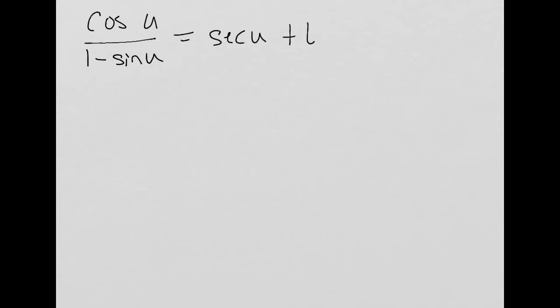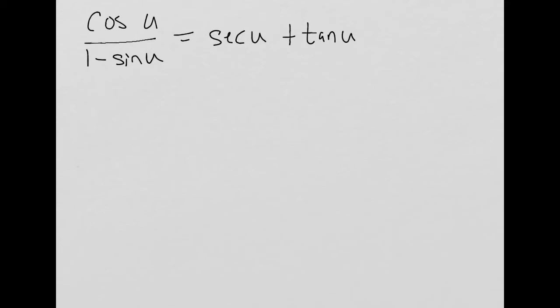And in addition to some of the identities that we have given to us in the text, sometimes we need to prove that an identity is true. So let's say I have cosine of u over 1 minus sine of u equals secant u plus tangent u.